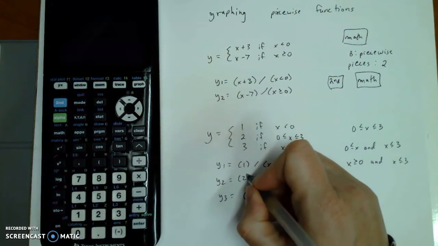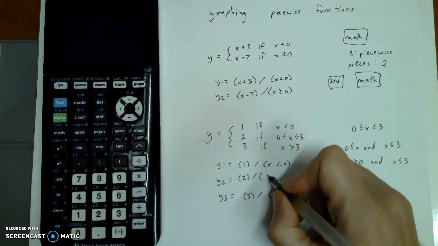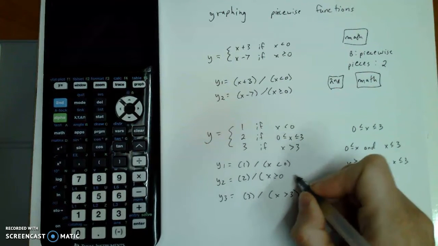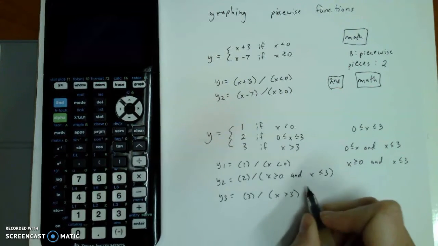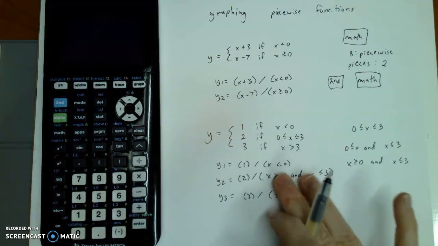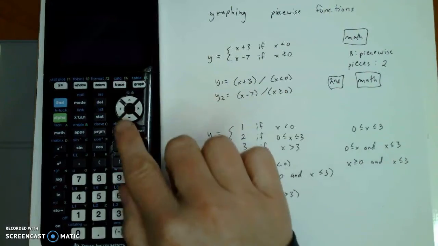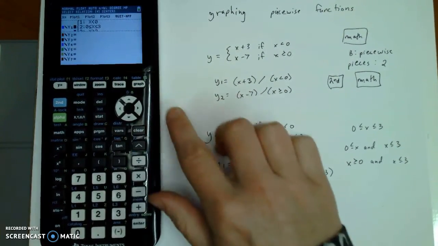So for the middle piece, I'm going to put 2, divide it by, and then all of that in one big set of parentheses. Do not put parentheses around the end. We want one big set of parentheses for the entire thing.